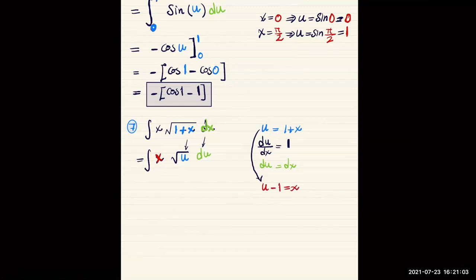So this type of situation can happen where you have an extra factor that didn't transform directly, but you just have to do a little bit of work to do the transformation for that. So this x is u minus 1. Now our integrand is all in terms of u, and that's how it should be.